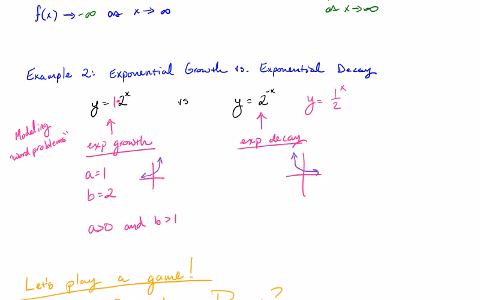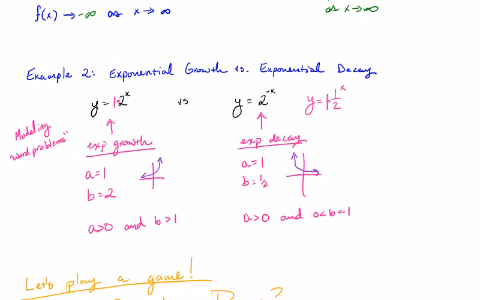As we move from left to right, the graph is going down. In this case, a is 1, right? There's still a 1 being multiplied by that 1/2. And the base is not 2, the base is 1/2, because we apply the negative exponent. And so exponential decay will always occur when a is greater than 0 and when the base is in between 0 and 1. Okay, that's it.